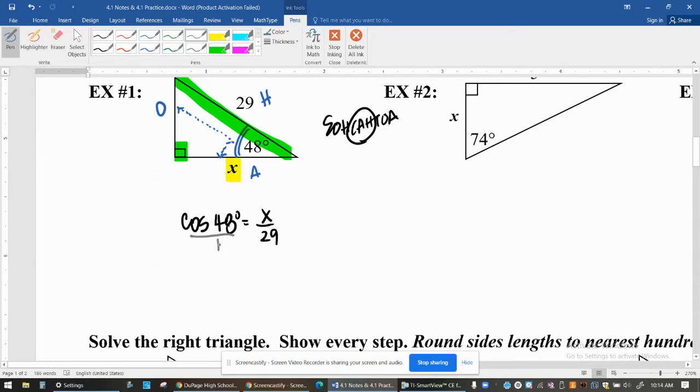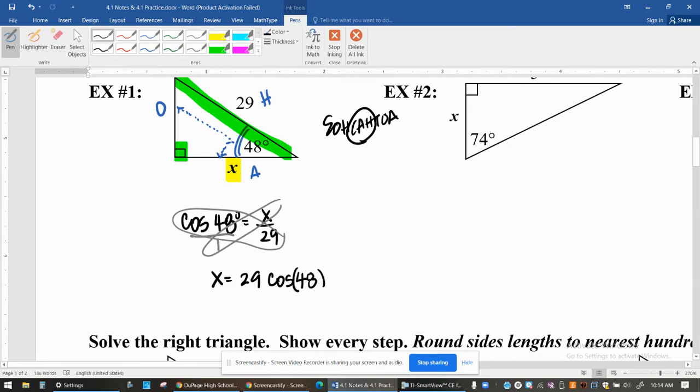Again, I'm going to put a little 1 here and solve this as a proportion. So 1 times x is x, and then I'm going to multiply 29. I'm going to put that in front. I like to keep my single values, like 29, in front of my trig functions. That's just a recommendation on my part.